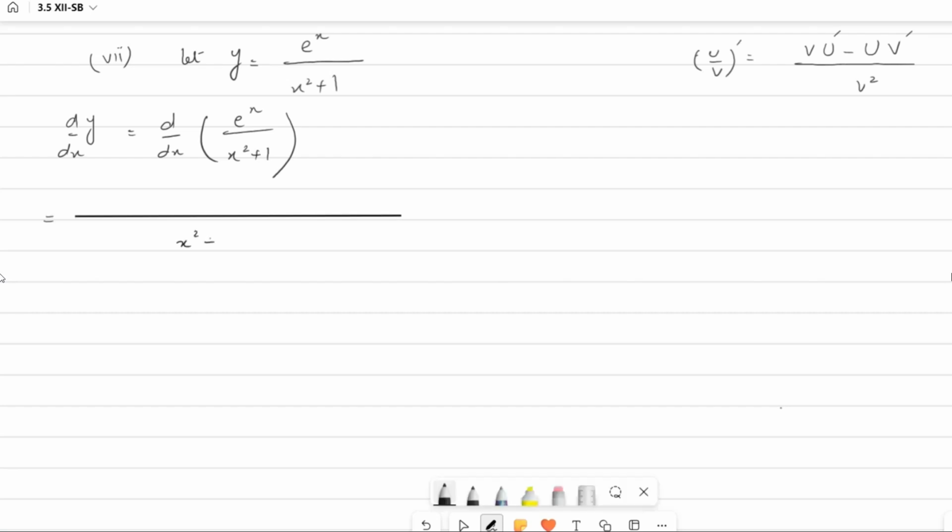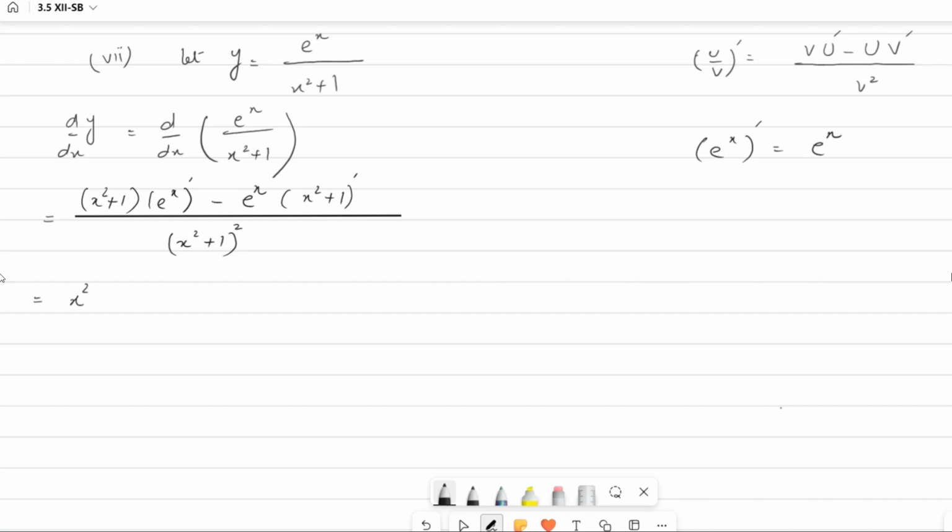So in the denominator x square plus 1 whole square will be coming, and in the place of u, e raised to the power x, in the place of v, x square plus 1. The derivative of e raised to the power x is e raised to the power x.